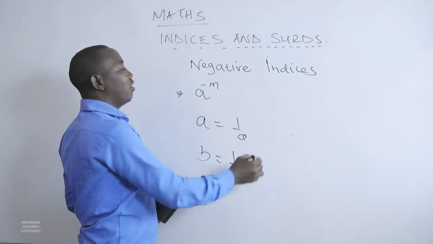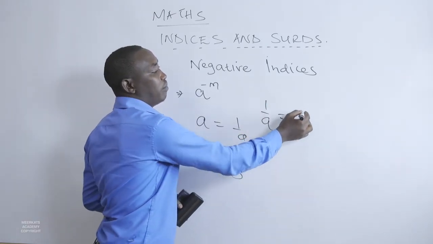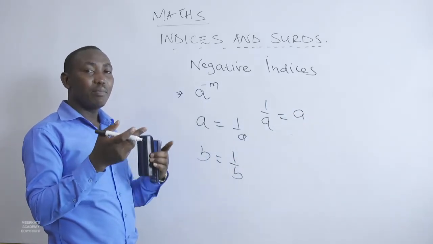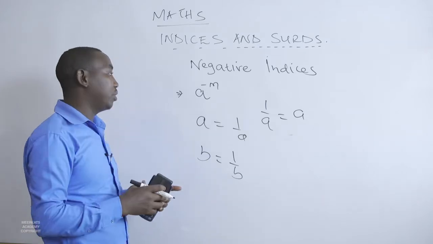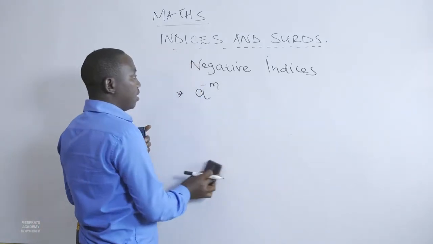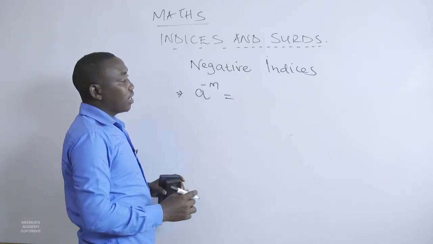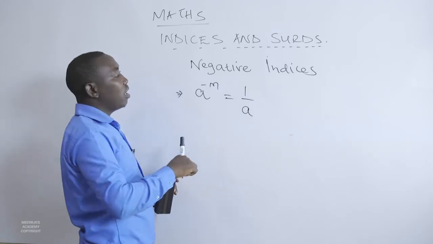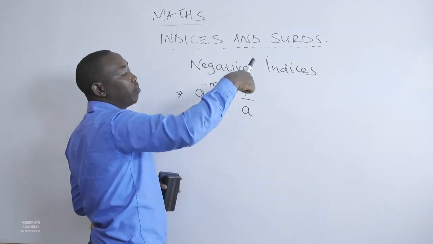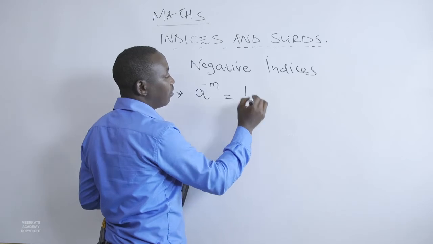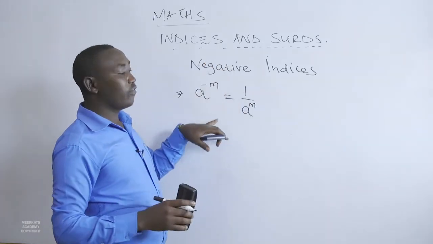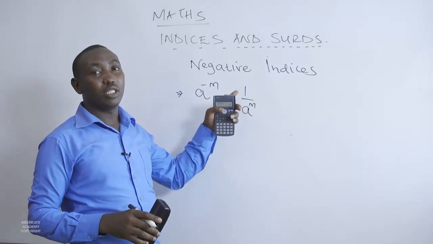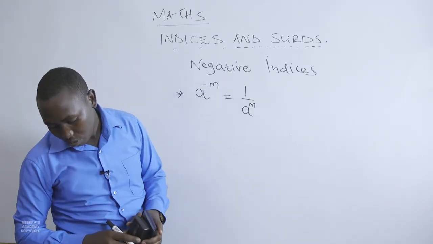The reciprocal of 1 over a will simply be a. That is, the characters in the numerator and the denominator swap positions. Now, when you do that, this shall be 1 over a. And now when you write the reciprocal of this power, it automatically goes to be positive. So if the question requires you to write your result as positive powers, then you find the reciprocal, and that power automatically goes to be positive.